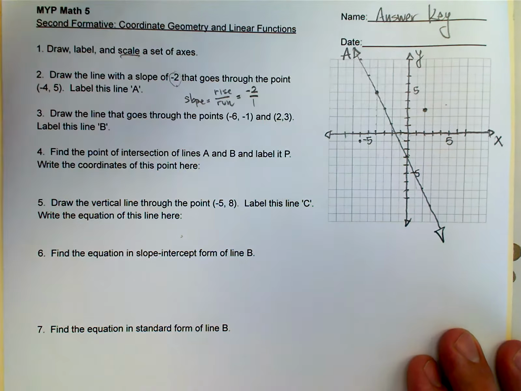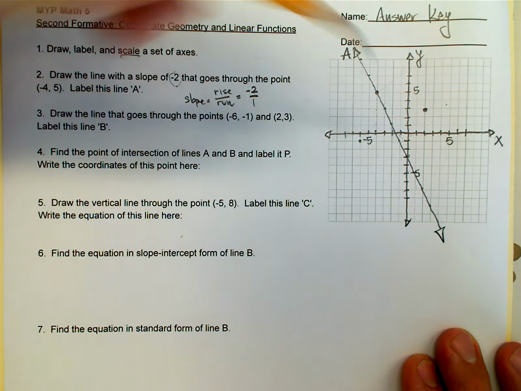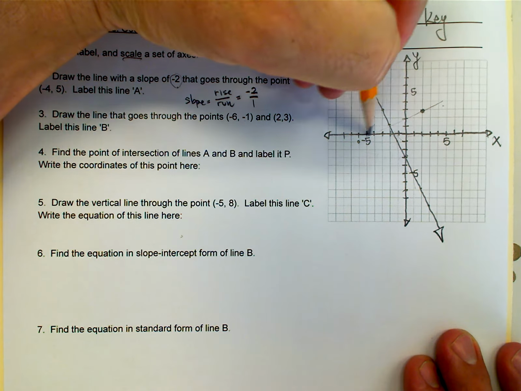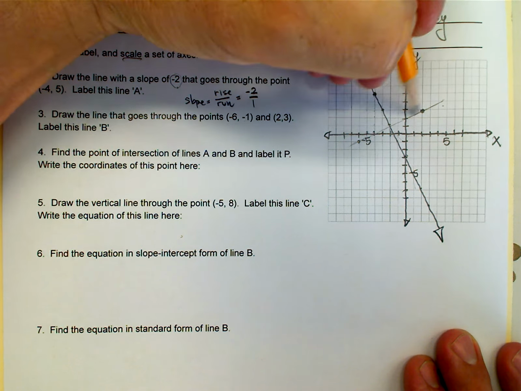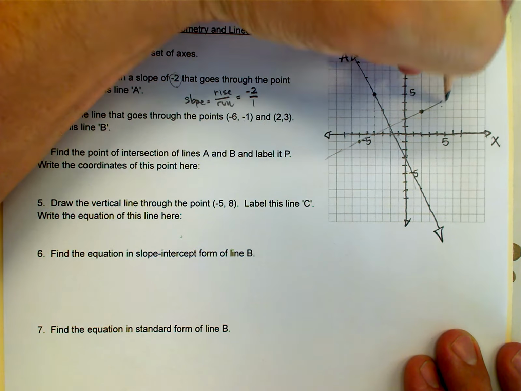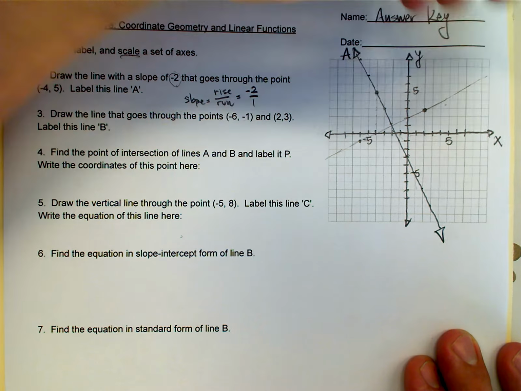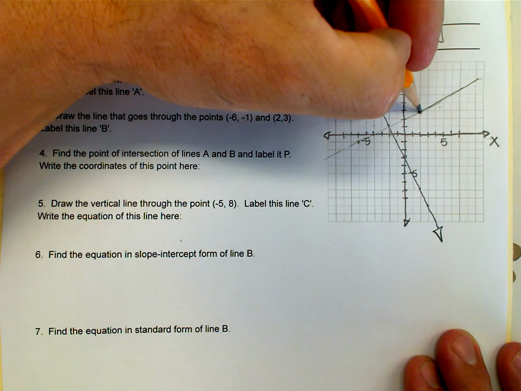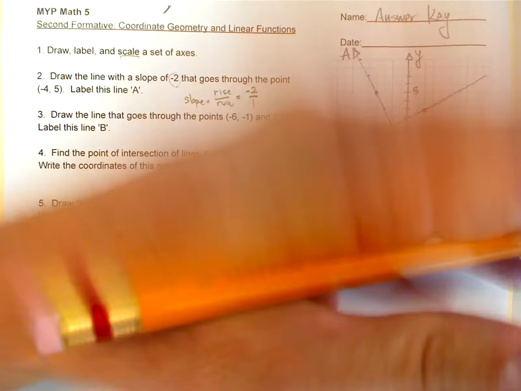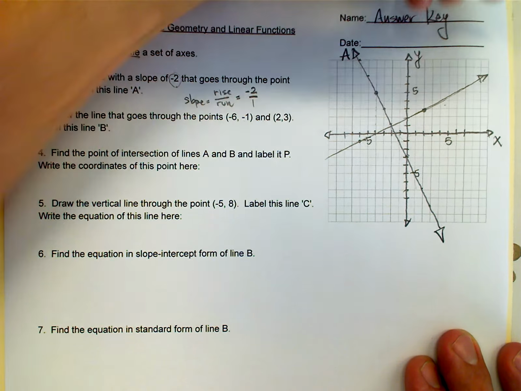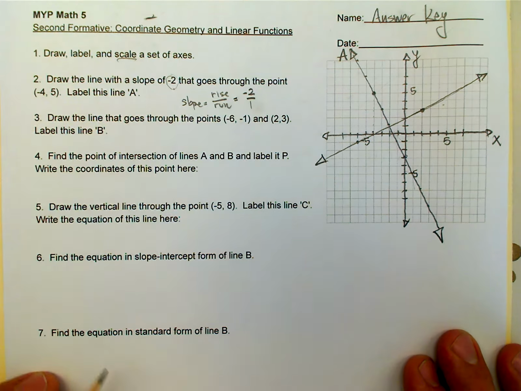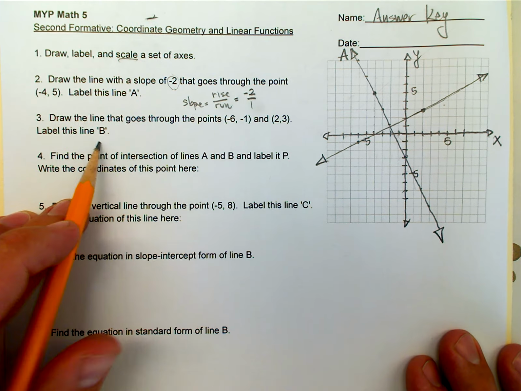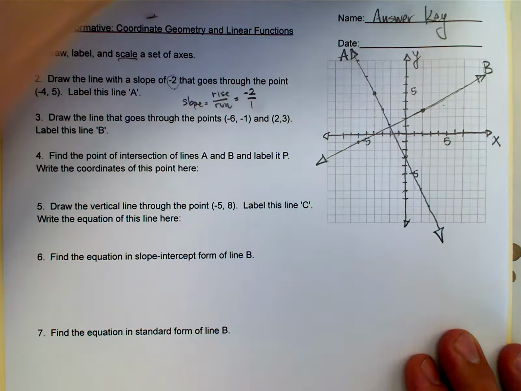So now I have my 2 points, and I can draw the line that goes through them. You might use your ruler, but I like to draw my lines freehand. Again, I want to extend this line all the way to the edges of my graph, put arrows on the end, and label it B. There we go. That's line B.